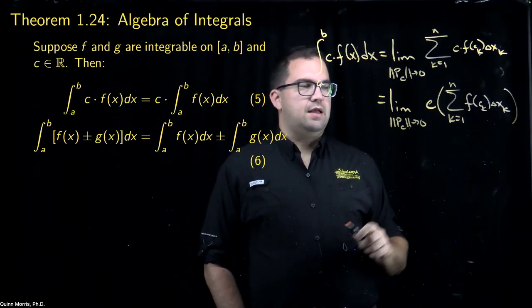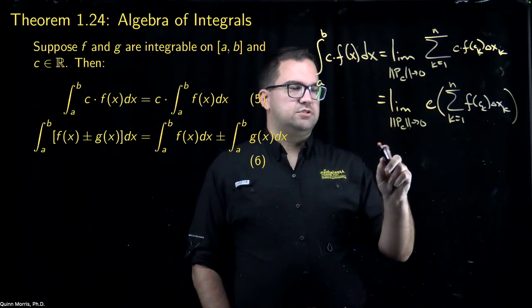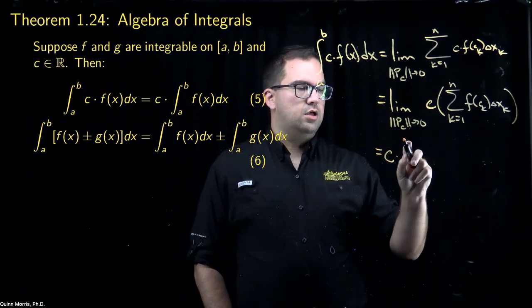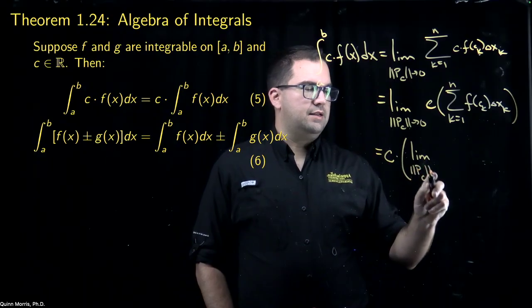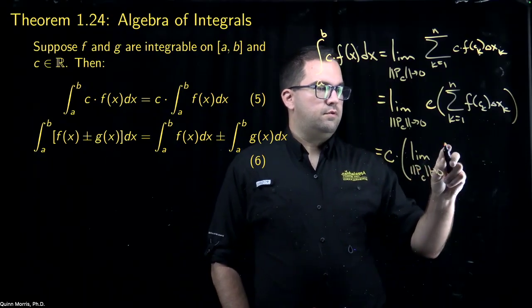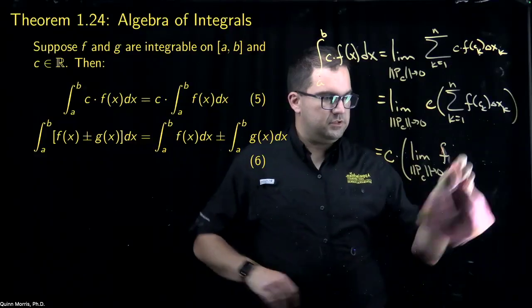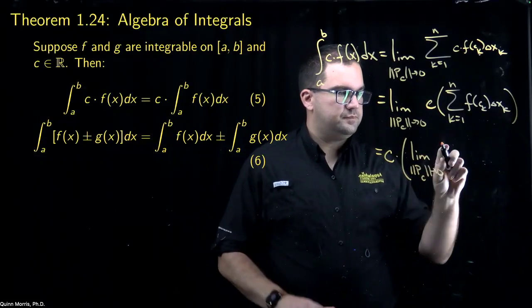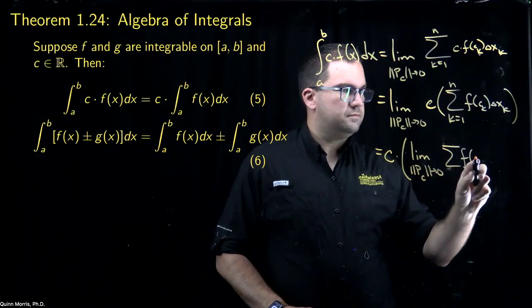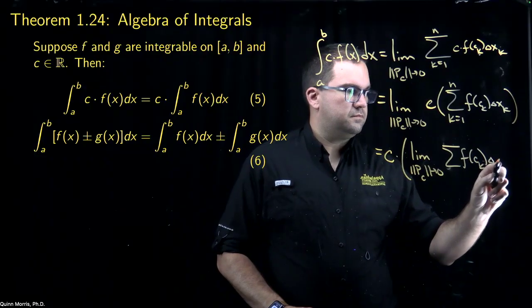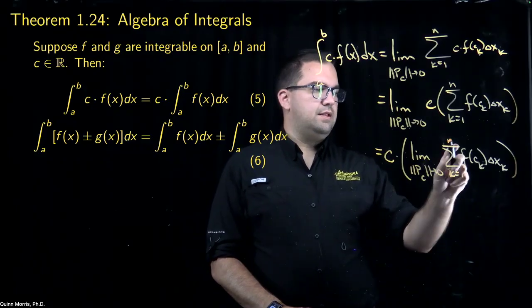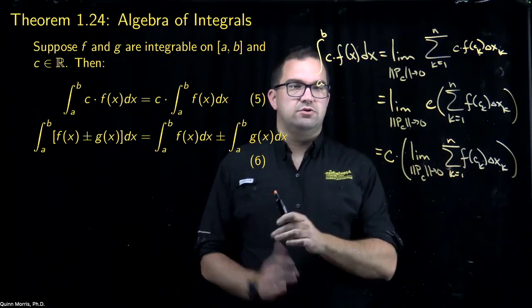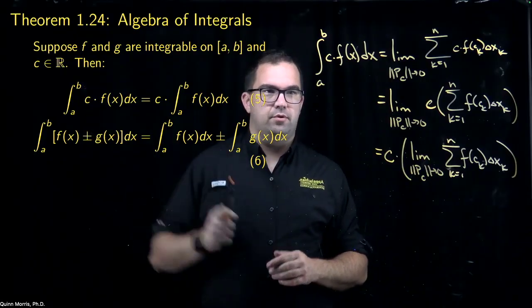Okay. And I can pull this constant then outside of the limit because I know that this limit that I'm now writing down exists, because I know my function f by assumption is integrable.